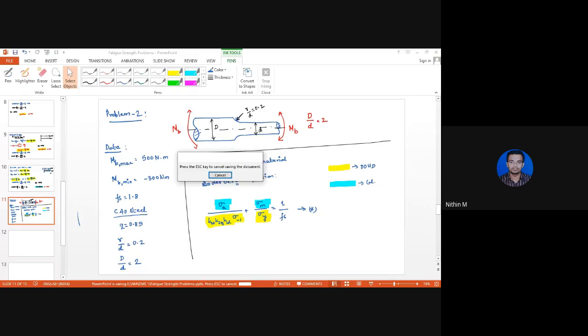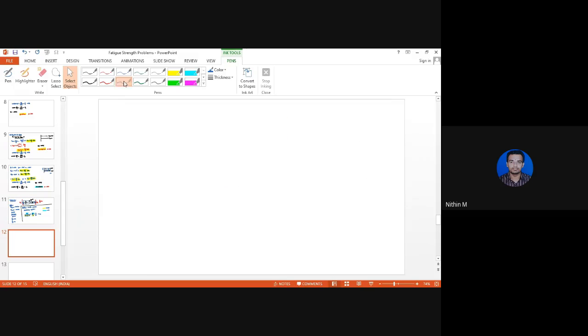In the previous problem the same material was given. So let us take a look at table 1.6. I hope for C40 the ultimate tensile strength was given somewhere between 580 to 680, and we took 580 MPa, correct? Yes, sir. Okay.